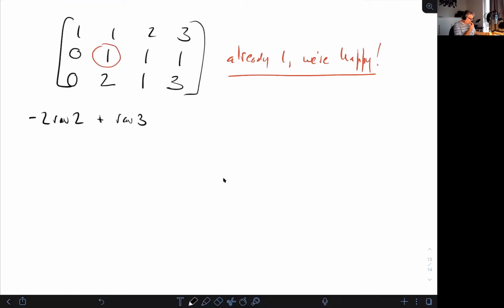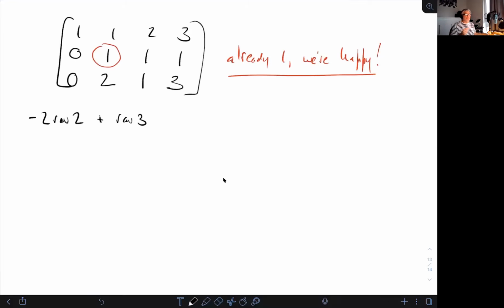Now, I want you to pay attention to something, because you see how crucial it is that those first two entries are 0. When you start messing around with row 2 and row 3, nothing's going to happen with those zeros. Nothing bad can happen. Whatever you do is always going to stay 0, right?